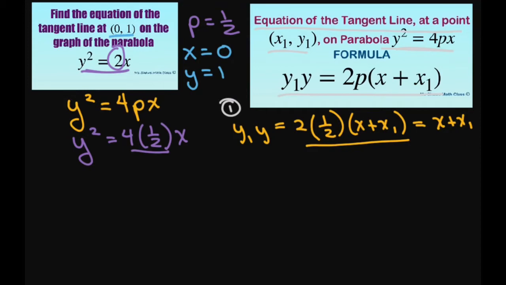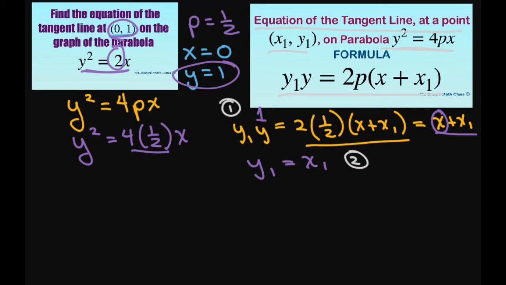Since it passes through the point (0, 1), if I substitute in 1 for my y and 0 for my x, I'm going to get y sub 1 equals x sub 1. I'm going to call this equation 2.